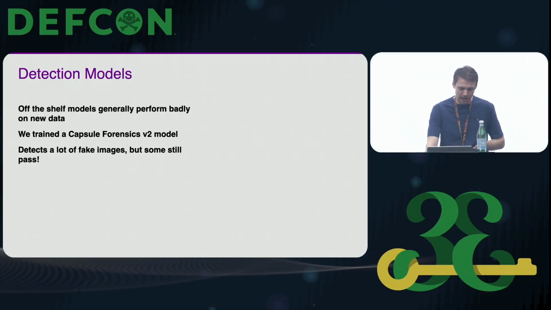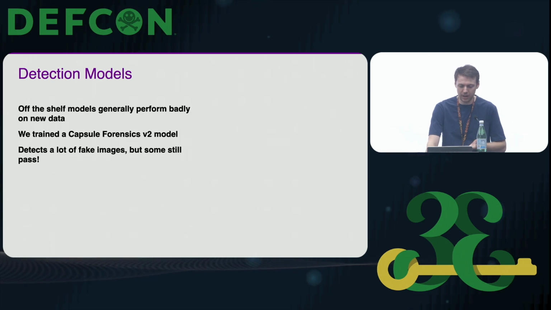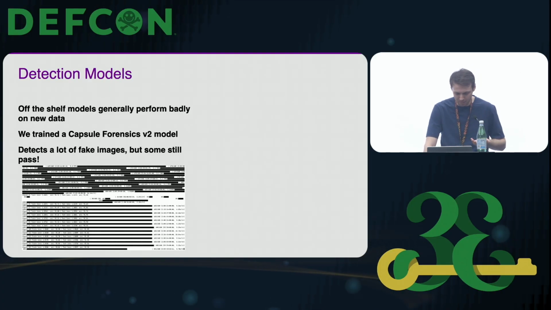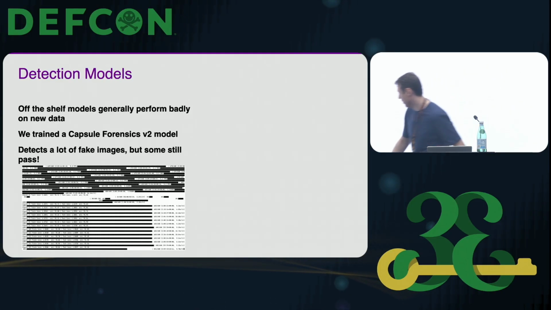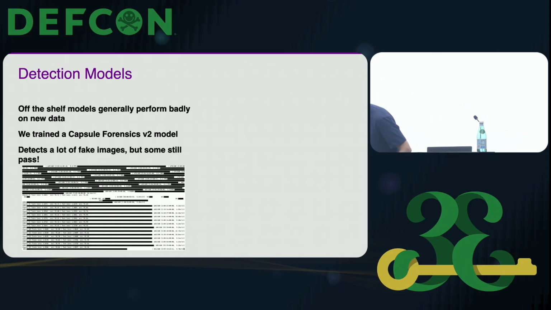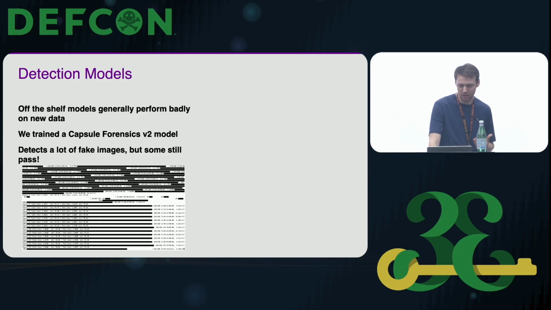So we took one of these available models called Capsule. We trained it on a data set that included a lot of the deepfakes we were making to try and get that rate up. Probably not massively easy to read up here. We've got it up to about 91% accuracy. So we're like, okay, this is doing a lot better than the stuff we took off the shelf.